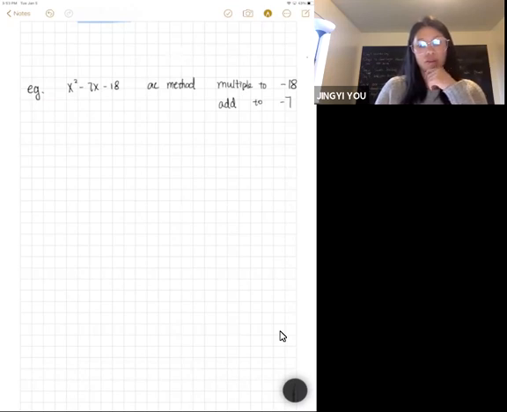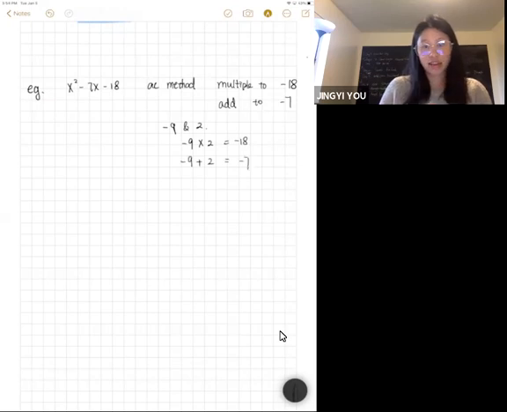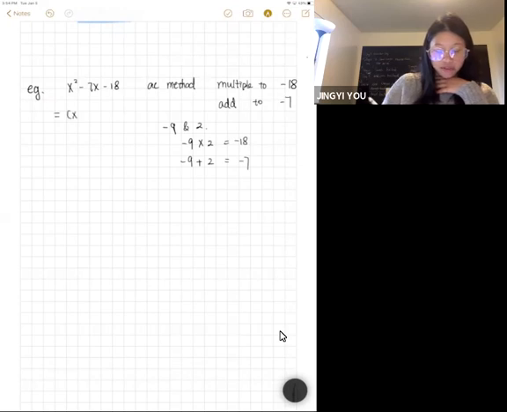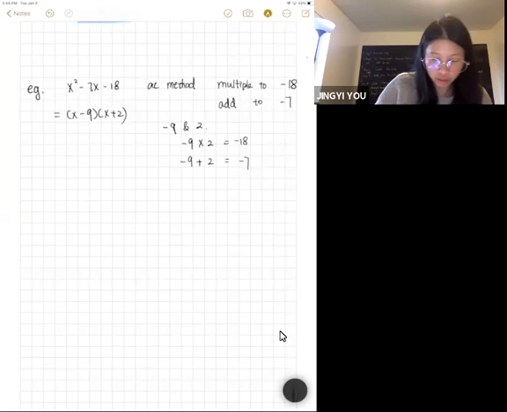So what two numbers? We can use negative 9 and positive 2, because negative 9 times positive 2 is equal to negative 18, and then negative 9 plus 2 is equal to negative 7. So that satisfies the AC method. That means we can write down our answer as x minus 9 and then x plus 2 will be the final answer. So let's do another one.